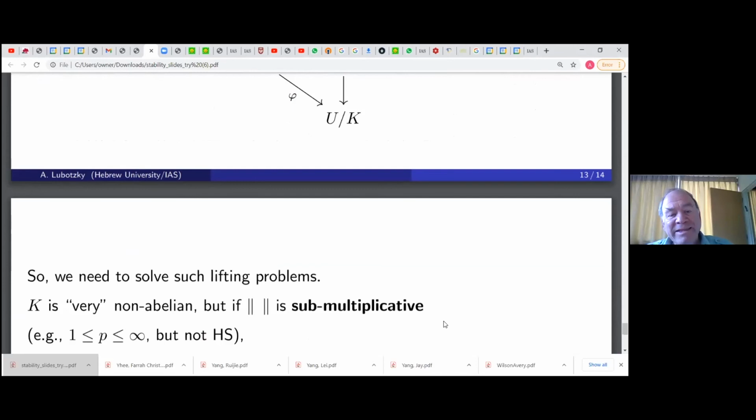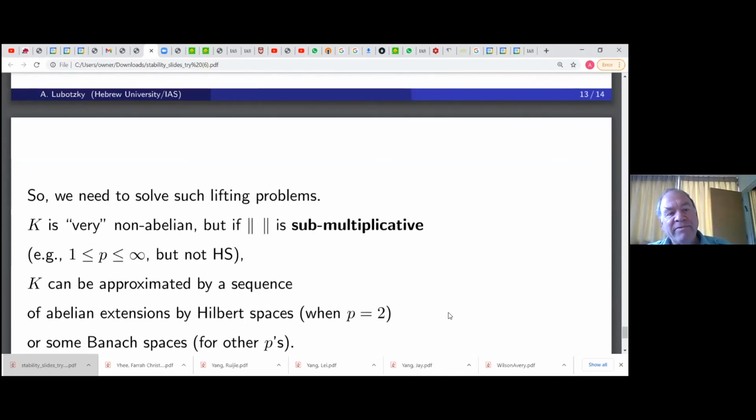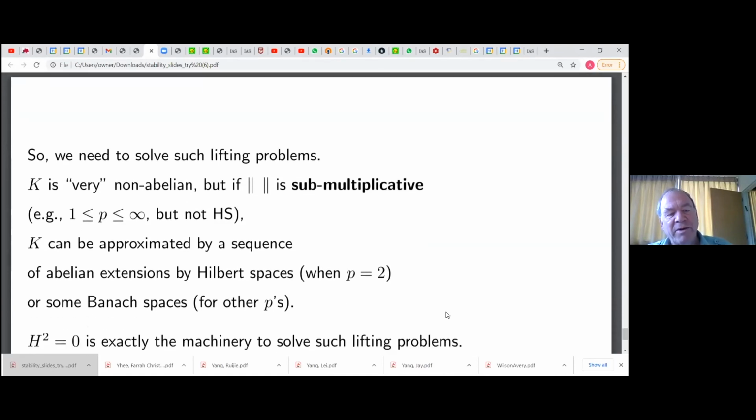But the magic is that there is a simple lemma, which I won't show because I don't have time. Those people who have experience with congruence subgroups know that if you look at the congruence subgroup mod P, and you look at it mod P squared, the quotient is abelian.